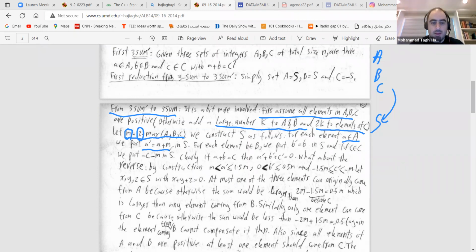So for each element A that we want to put in, let's put it this way. Maybe I can just erase some of this. Okay, so let's erase this one.